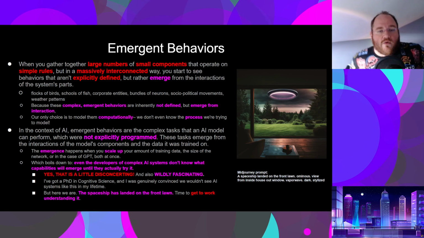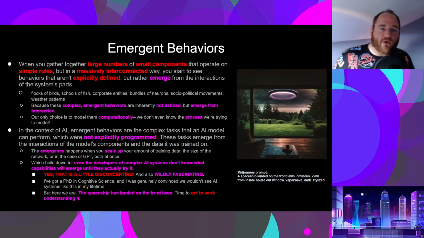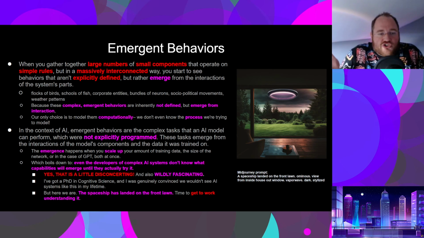When you gather together large numbers of small components that operate on simple rules, like a neuron, which has relatively simple rules about how it's supposed to do things, but they're massively interconnected, you start to see behaviors that aren't explicitly defined anywhere. They emerge from the interactions of the system's parts.